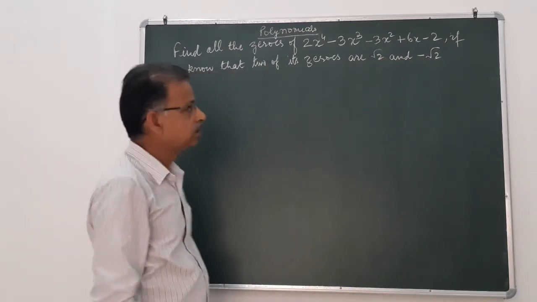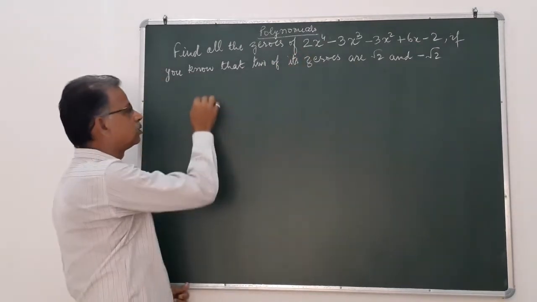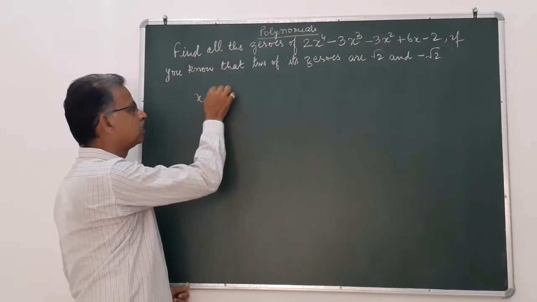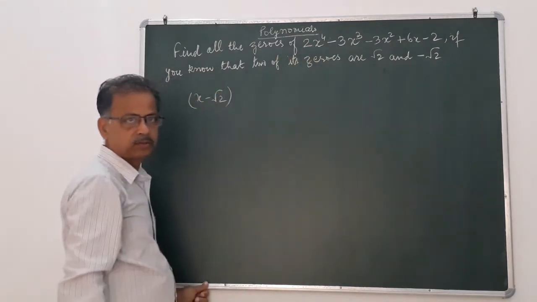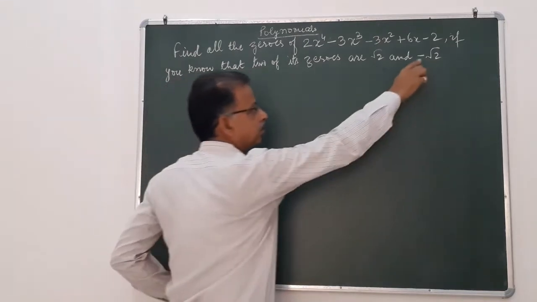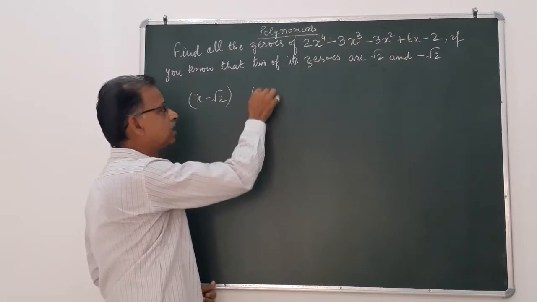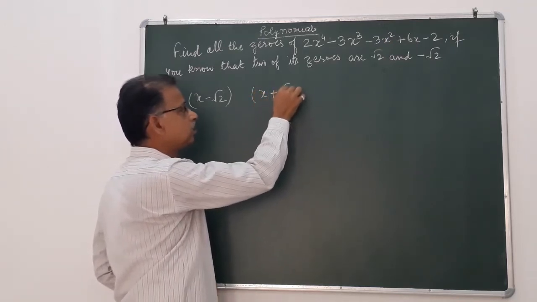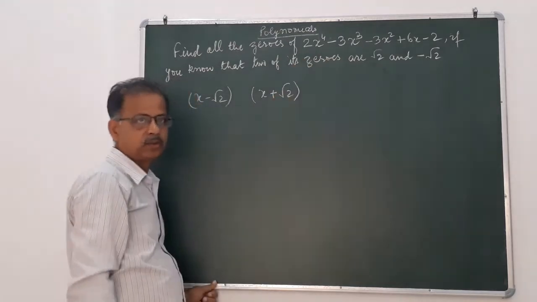Since root 2 is a zero of the polynomial, x minus root 2 is a factor of the given polynomial. Similarly, minus root 2 is a zero of the polynomial, so x plus root 2 is a factor of the given polynomial.